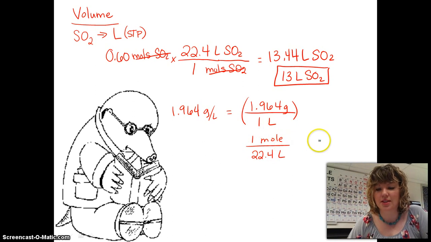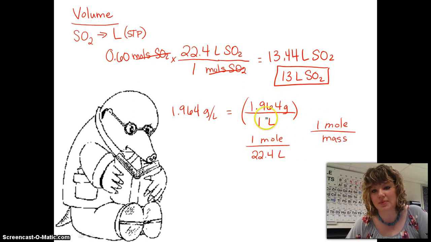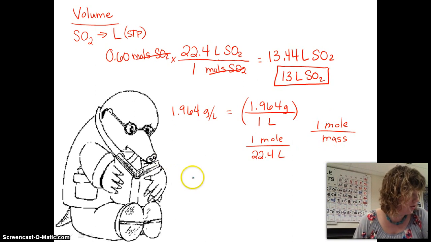We're going to have to use that mass equation: 1 mole is equal to the molar mass. And the only way that we can get from here to there is by adding in this guy right here, because we need this mole so we can get into this. So let's try setting this up.